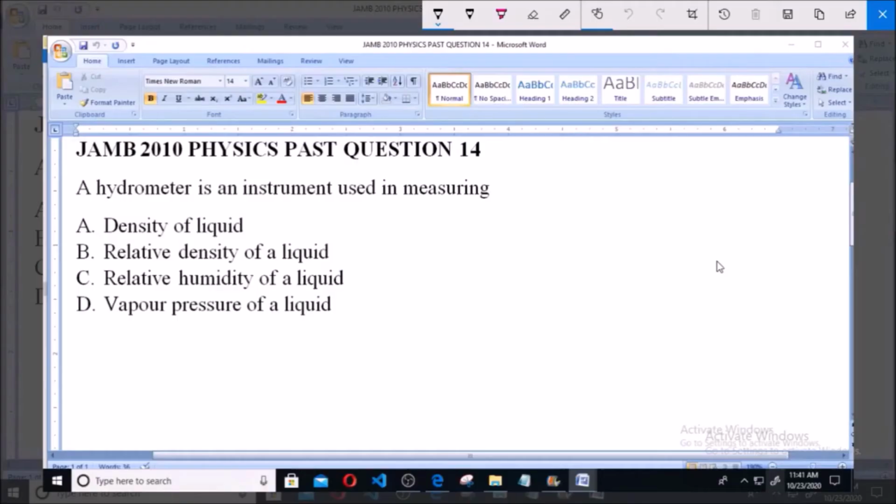Hello and welcome. I will be answering Jamb 2010 Physics Past Question 14. A hydrometer is an instrument used in measuring A. Density of liquid, B. Relative density of a liquid, C. Relative humidity of a liquid, D. Vapor pressure of a liquid.